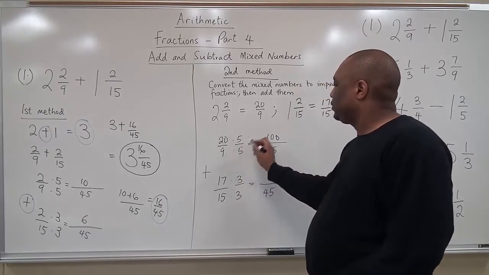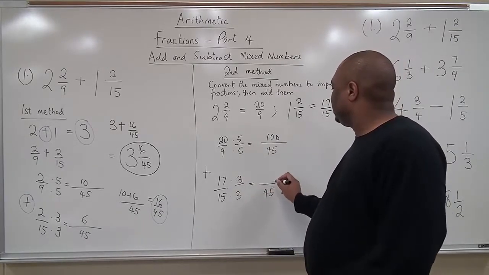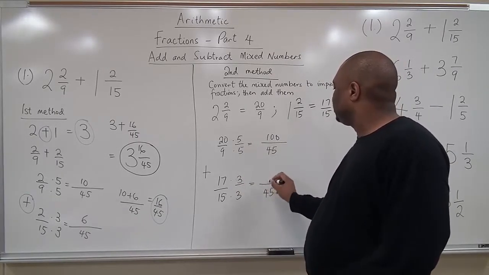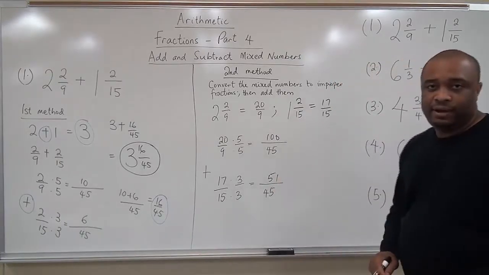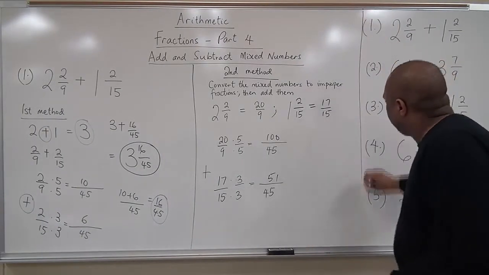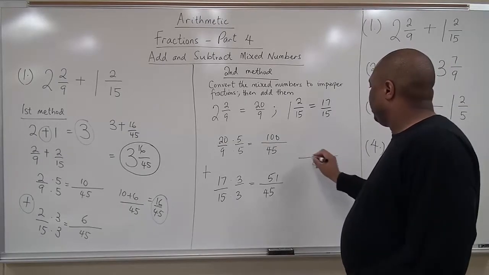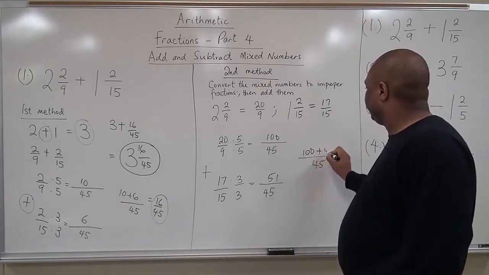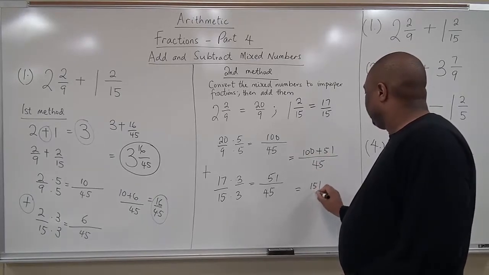So the equivalent fraction is 3 times 17, which is 51, over 45. And then I can add both of them up. 100 plus 51 gives me 151 over 45.